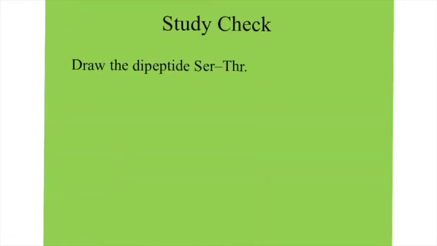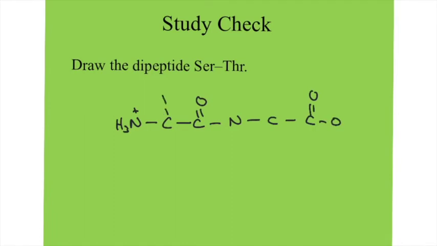This says draw the dipeptide serine and threonine. I'm going to start with that N terminus. Okay, so that's my N terminus. That's the N C alpha, and that's our CO. And then we have N, and then C alpha, and then CO. Then I can go and fill in my hydrogens, and then I'll fill in my R groups. So serine is just CH2, OH.